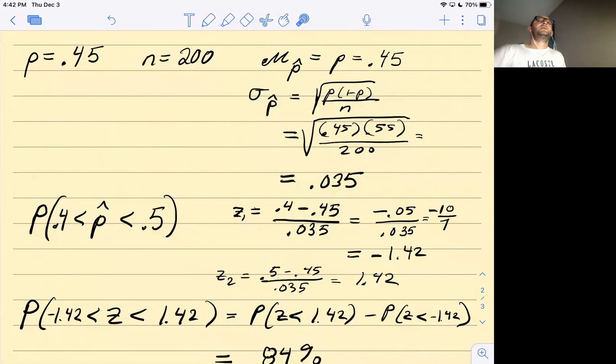But there's a bit of circular logic there: if you can measure sigma, then you already know the entire population, so why are you doing any of this? So we'll see later that you actually don't know sigma. I give you these examples with sigma just to get the ball rolling and show you some of the ideas. In practice, you don't have sigma, you have S, which is the sample standard deviation.